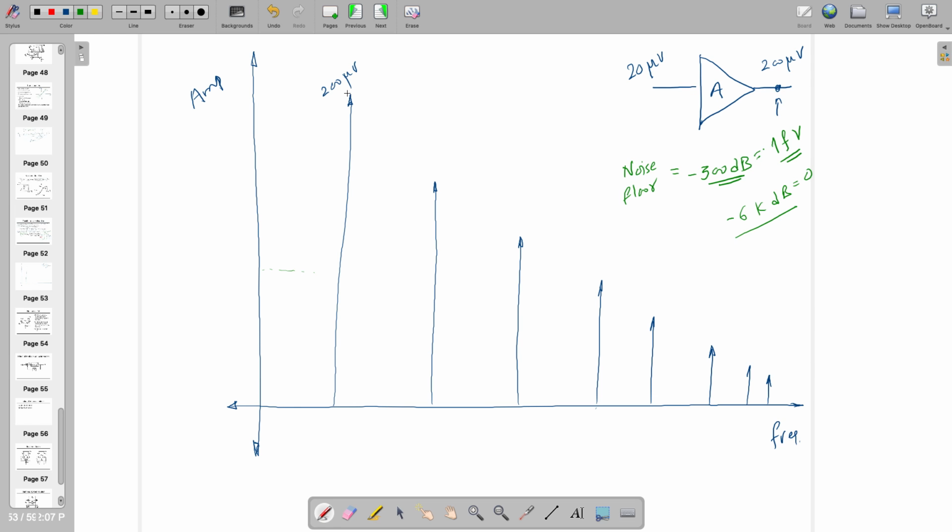Now, after 200 microvolt, let's assume that this is available at 20 micro. This is at 2 micro, 0.2 micro. Then let's say I'm keeping 10 times everything, which is not going to be the case. Even then it will be much lower than what I'm doing. What about this one?